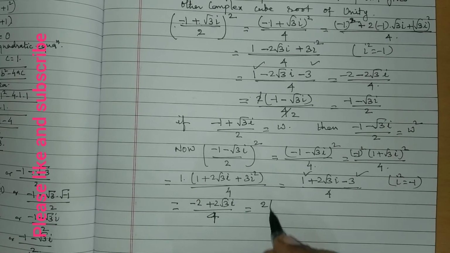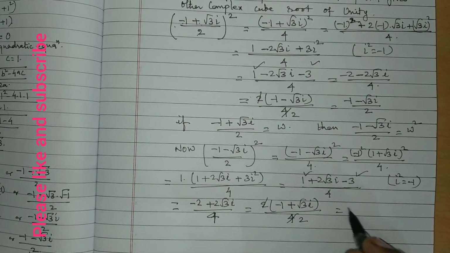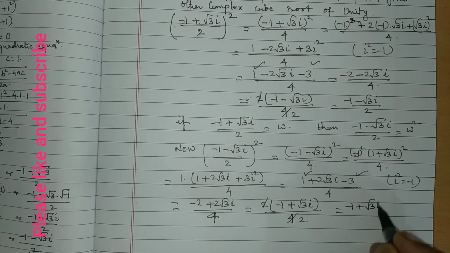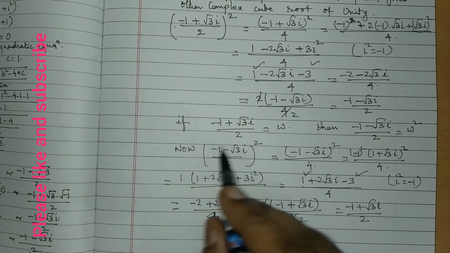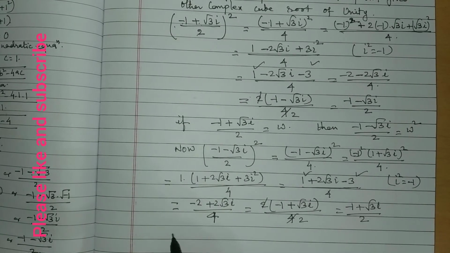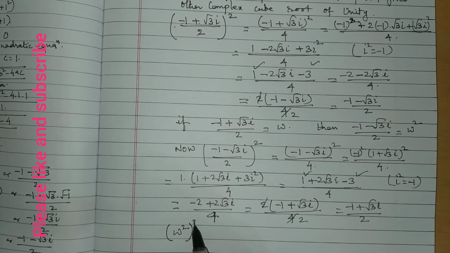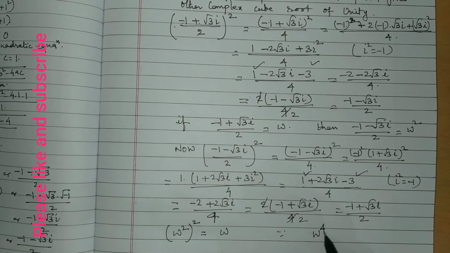So 2 we can take common in the numerator, -1 plus root 3i divided by 4. So this will cancel. It is -1 plus root 3i by 2. Okay. So see, if we square the second cube root of unity, we are getting the first one. So the second cube root of unity is denoted by omega square. So the square of omega square is equal to what? Omega. Why? Since omega power 4 is equal to omega, we will see it.